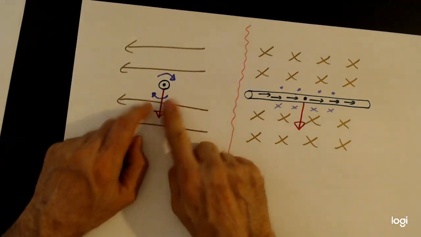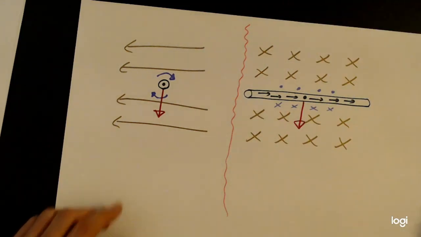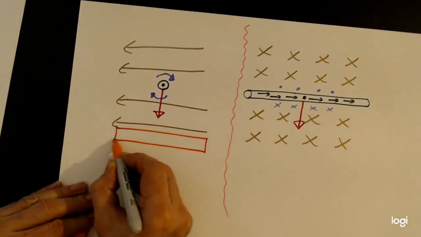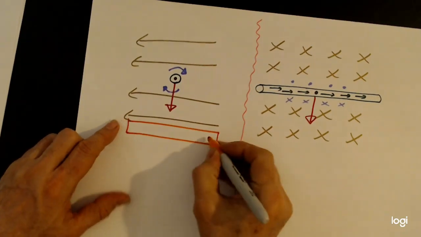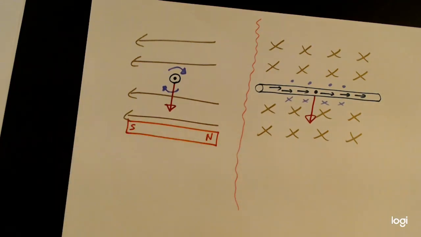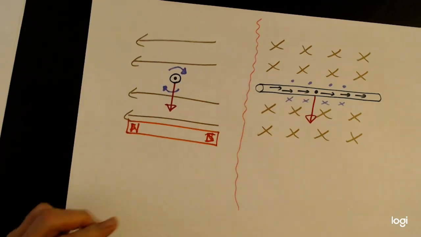So how does that oppose this original motion? It opposes it because this gold line is like a magnet with a north there and a south there. Sorry, other way around, pardon me, north, south. Okay.